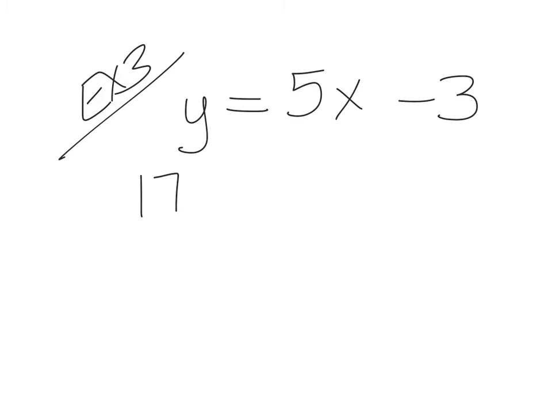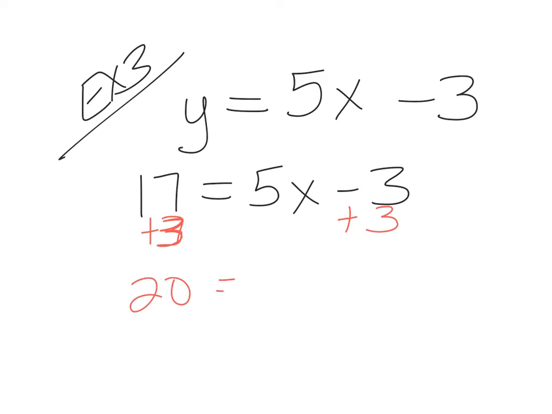So I'm going to plug in 17 here and then rewrite the rest of the equation. Okay. Good so far? So first step is to do what? Add 3. Add the 3. 17 plus 3. Divide by 5.